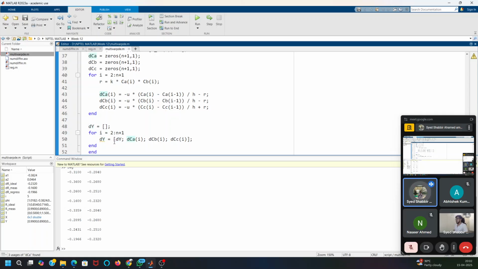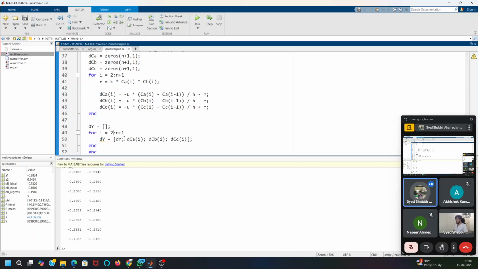What we will try to do is take this dy as an empty list, and add these differential equations one by one.